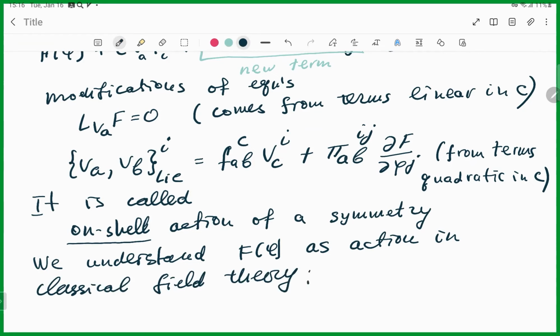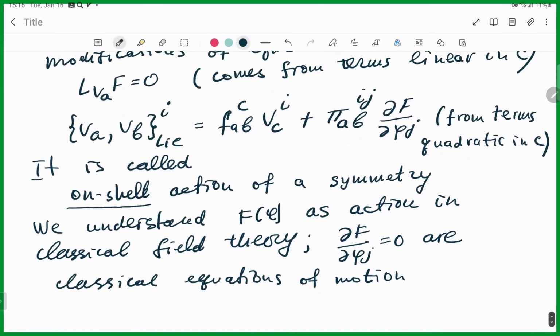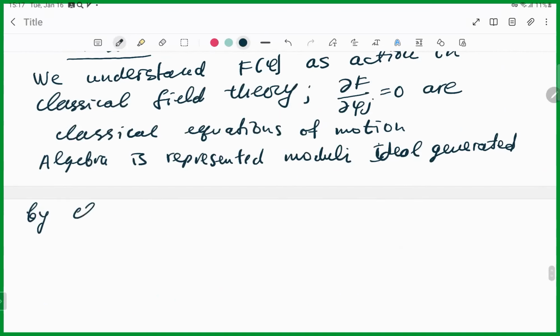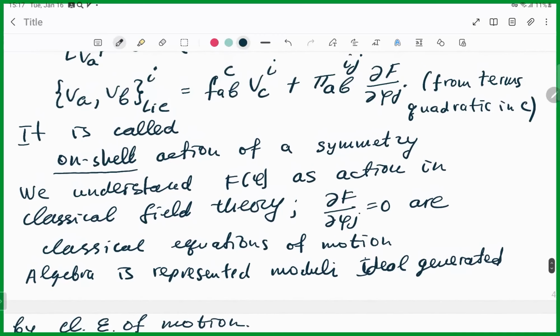That's why df over d phi j equals 0 are the classical equations of motion. And we see that the algebra is represented modulo the ideal generated by the classical equations of motion. That's what is written here.